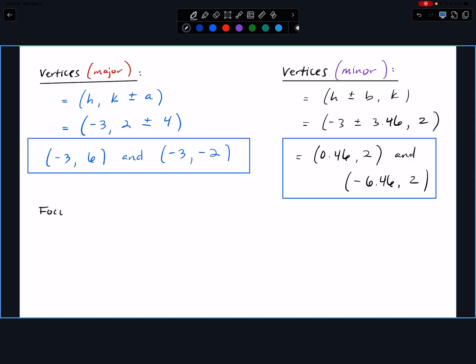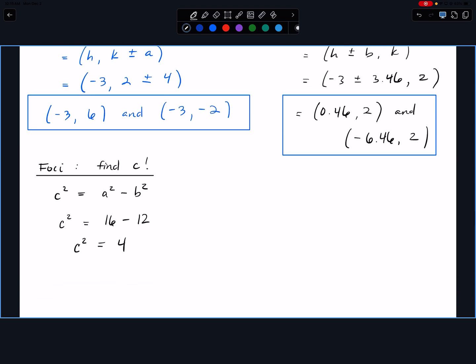Foci, whatever you want to call it. To find the foci, you need to find C. This one's not that bad because watch what happens. C squared is equal to A squared minus B squared. What was A squared? 16 minus what was B squared? 12. 16 minus 12 is 4. And why is that nice?